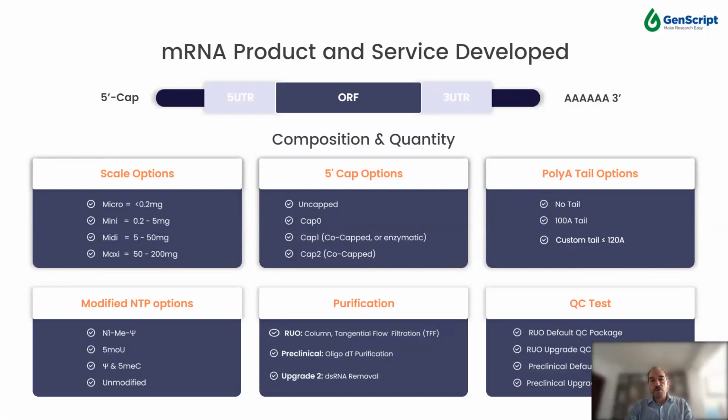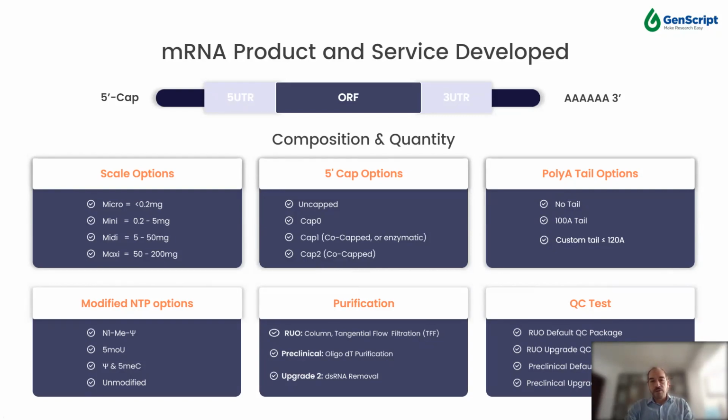These are some options we offer in our mRNA production service. We offer different scale. We offer different capping capabilities. We have poly tail options, no tail, certain length tail, or 100A tail, or something that is different length of tail. We usually recommend it to be over 80 A's in the tail for stability.